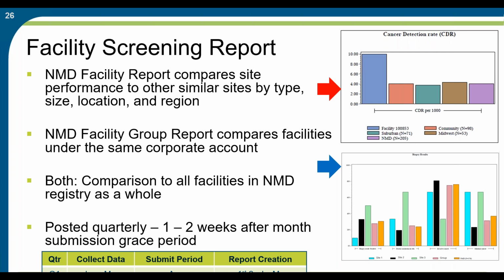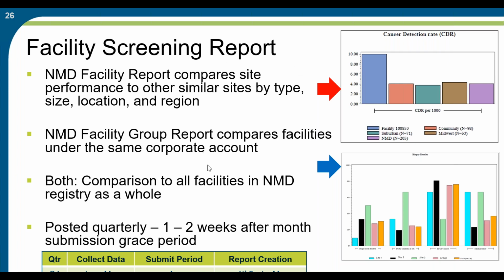So in this graph, you can see the different colors are different sites within a corporate structure, and you can see if there's a particular site that's performing better or worse. You can get ideas from the higher performing sites on what they're doing, and maybe extend that across the corporate structure or to the lower performing sites. But in essence, the group report is very similar to the regular facility report, with the exception that it's comparing multiple facilities within your corporate structure.